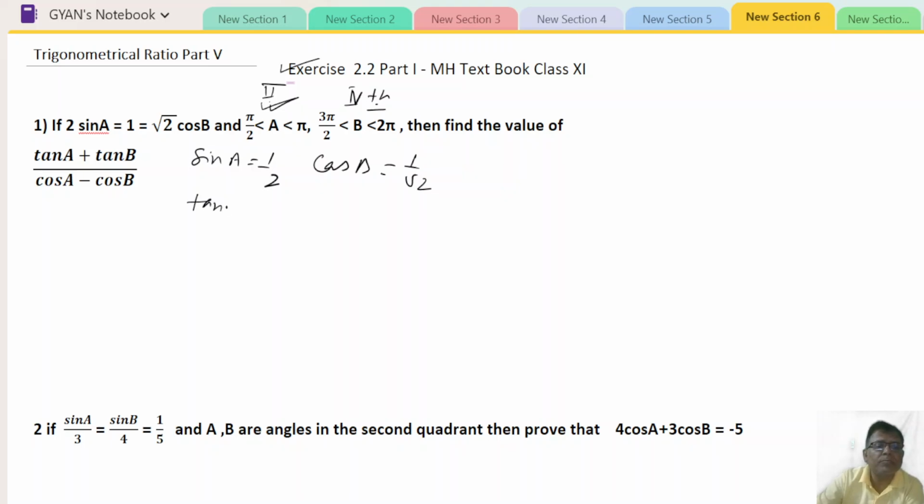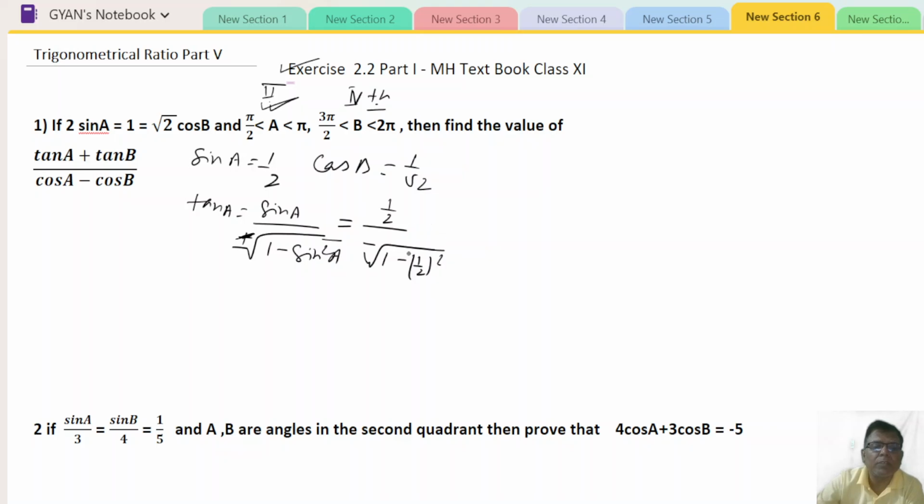Tan A is equal to sin A divided by plus or minus root over 1 minus sin square A. Since it is the second quadrant, tan A will be negative, so we'll take only the negative value. Sin A is 1 by 2, so divided by minus root over 1 minus (1 by 2) the whole square.